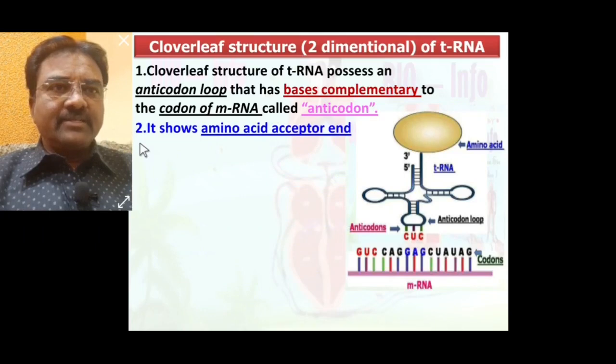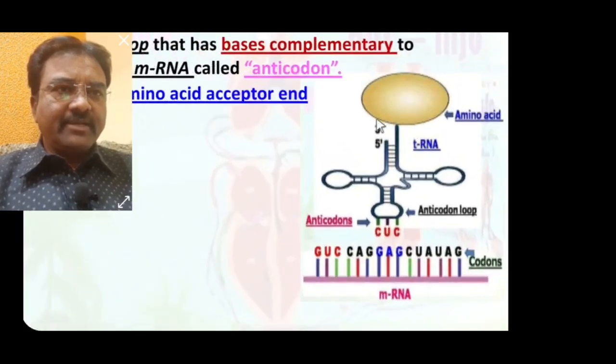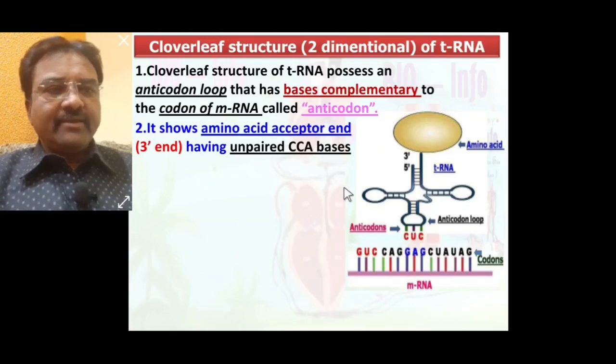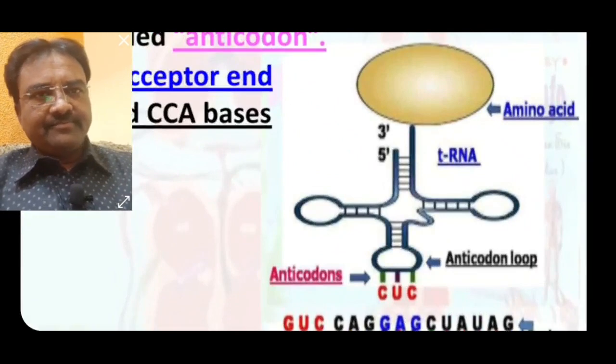The clover leaf structure of tRNA shows the amino acid acceptor end. This is the amino acid acceptor end, because this acceptor end attaches the amino acid. It is called the 3' end, having unpaired CCA bases.